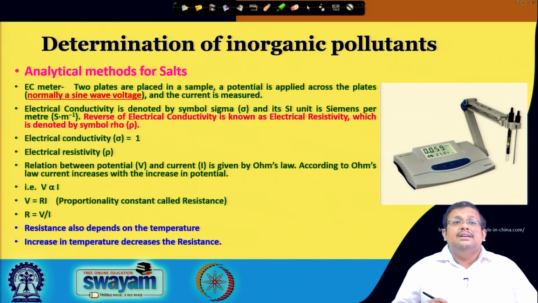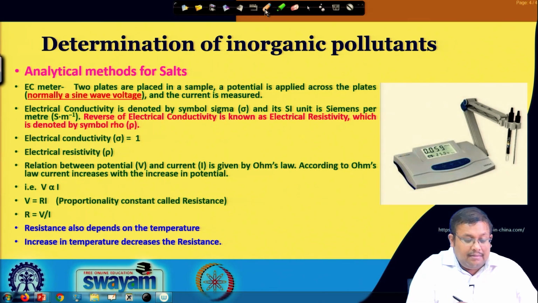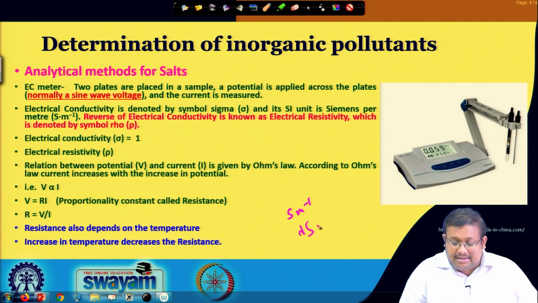Electrical conductivity is generally denoted by the symbol sigma, and its SI unit is Siemens per meter, or sometimes we call it deci Siemens per meter also.